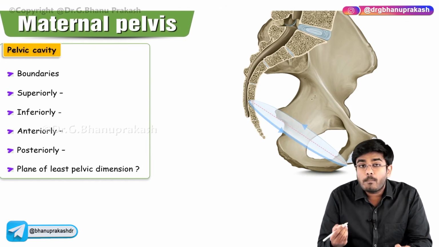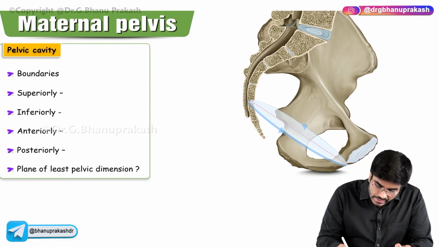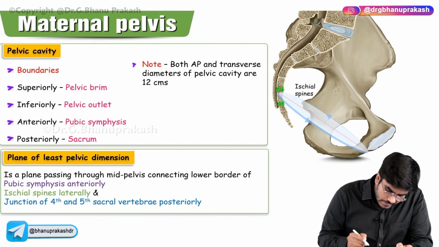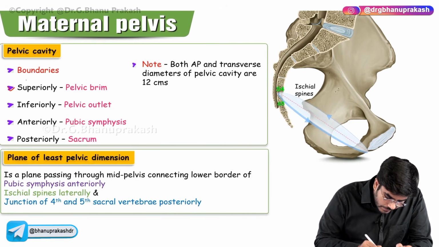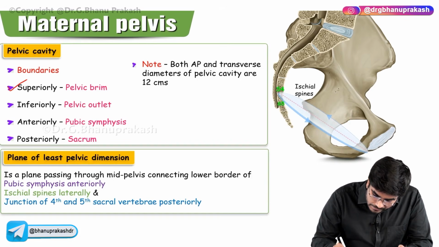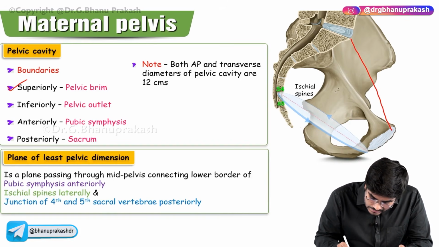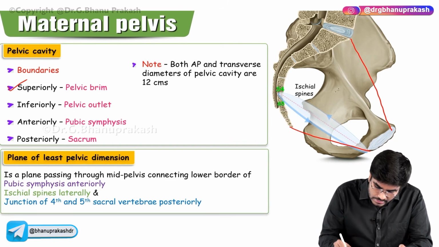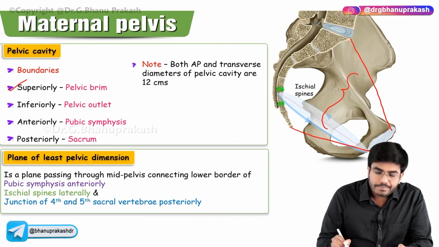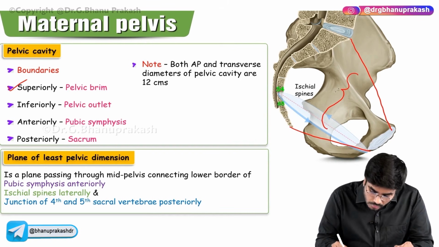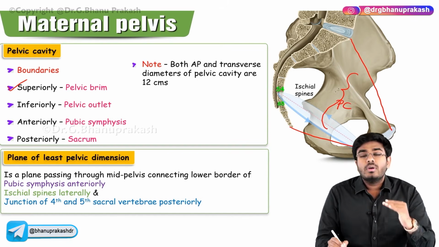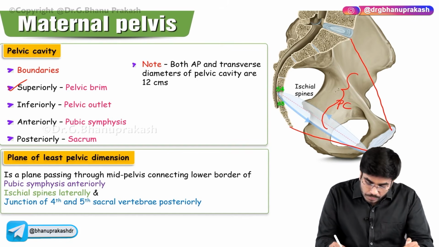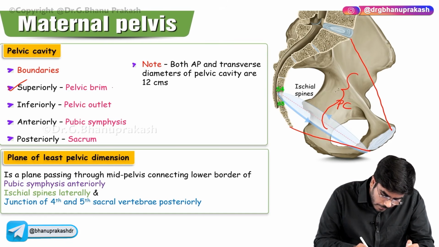Now what are the boundaries of the pelvic cavity? Guys, please concentrate here. If this is inlet and this is outlet, this area is considered as pelvic cavity. So for a pelvic cavity, superiorly it has the pelvic brim or pelvic inlet.